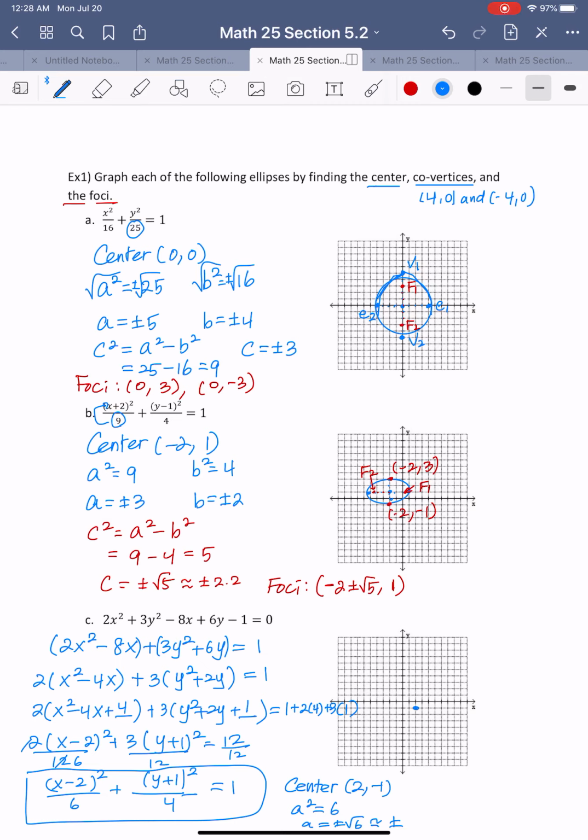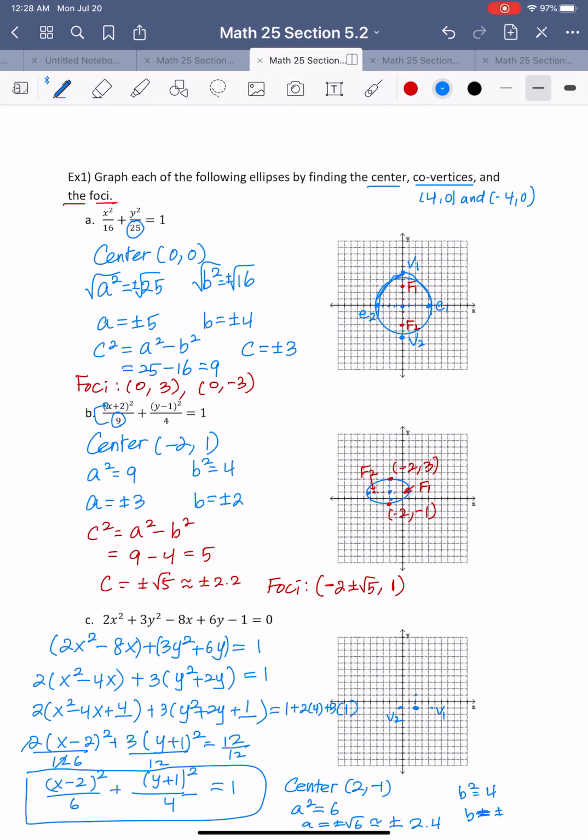Radical 6 is about 2.4. So you go to the right 2.4, about here, and then go left 2.4, and those are vertex 1 and vertex 2. Then you go 2 units up, sorry, b squared is 4, so b is plus or minus 2.